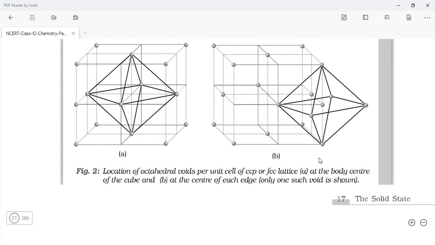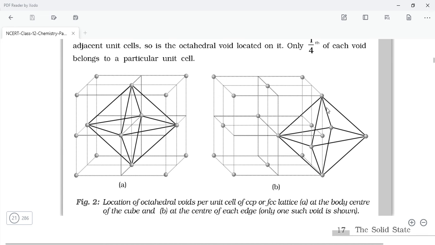So how many octahedral voids do you get? One at the center, and 1/4 at how many edges? 1, 2, 3, 4, 5, 6, 7, 8, 9, 10, 11, 12. 12 times 1/4 is 3, and 1 at the center makes 4. You get 4 octahedral voids, and simply by doubling the number you get the tetrahedral voids. It's easy to find tetrahedral voids: just double the number.